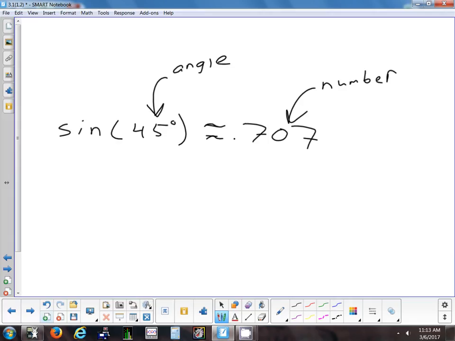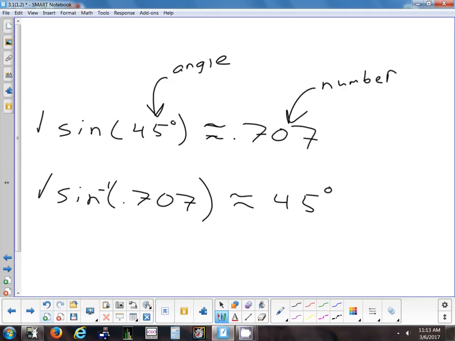Now when we do inverse trig, this is what I just typed into the calculator. The inverse sine of 0.707 is about 45 degrees. Notice what happens with the angle and the number. What happened with them here versus here? Where's the angle in the bottom one? Yeah, it's over where the number was, and then where's the number in the bottom one? It's where the angle was.